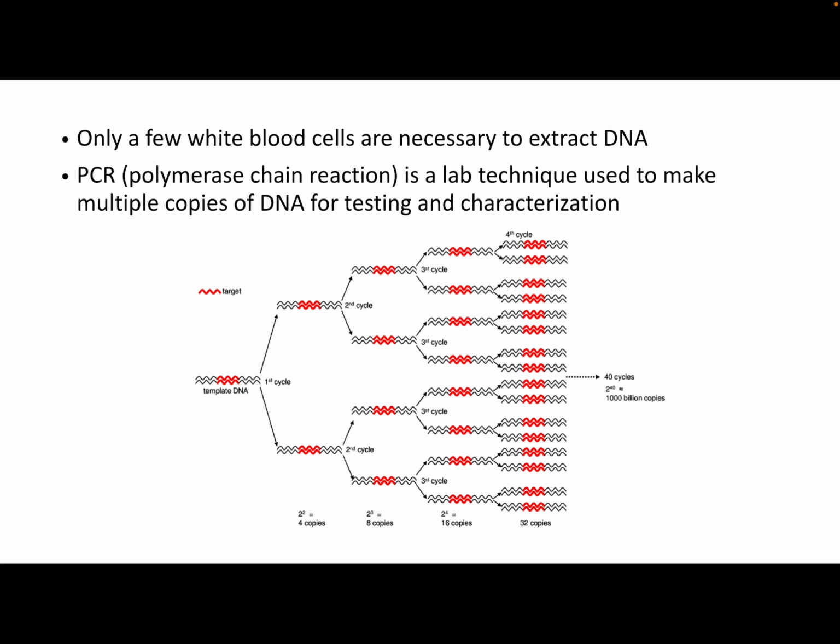And part of that is because a lot of DNA will undergo PCR, which is polymerase chain reaction. This is a lab technique used to make multiple copies of DNA for testing.